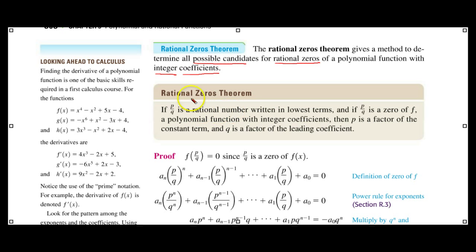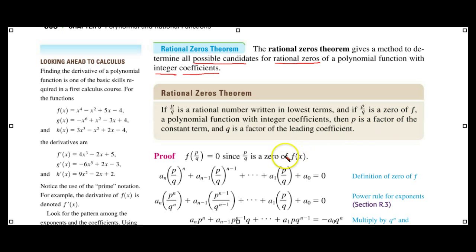All right, so what is the theorem itself? Well, they're saying this ratio of p to q, which is in a sense a fraction, in which p is the numerator, q is the denominator, and if this value is a 0 of your function, then it's a factor of that function.